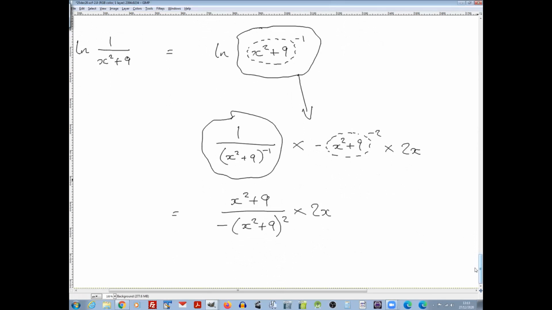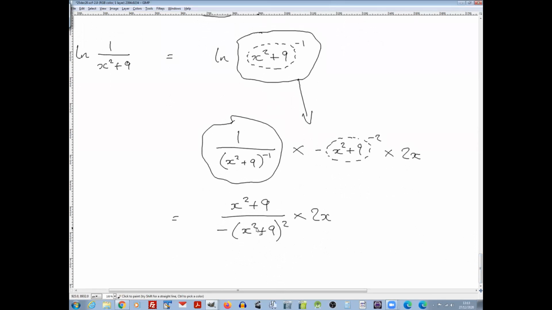Now, this is good news, isn't it? What can we do with the fraction there? We could say 1 over minus x squared plus 9, can't we? Yes, that's right. That's something times itself, and one of the selves is going to cancel with the top.